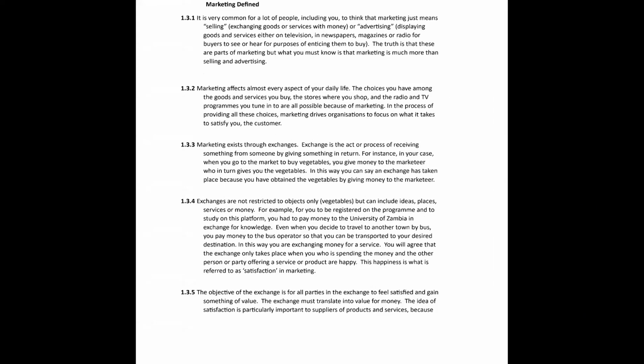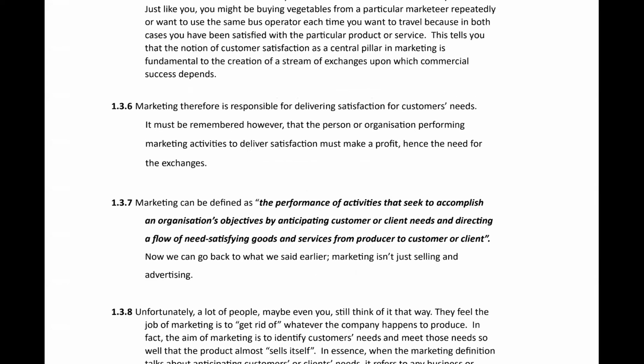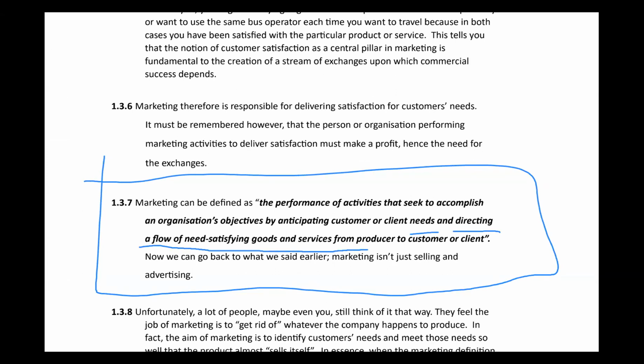What is marketing then? The classical definition that we may give to marketing, apart from those few views that people have, is that marketing is the performance of activities that seek to accomplish an organization's objectives by anticipating customer or client needs and directing a flow of need-satisfying goods and services from producer to customer or client.